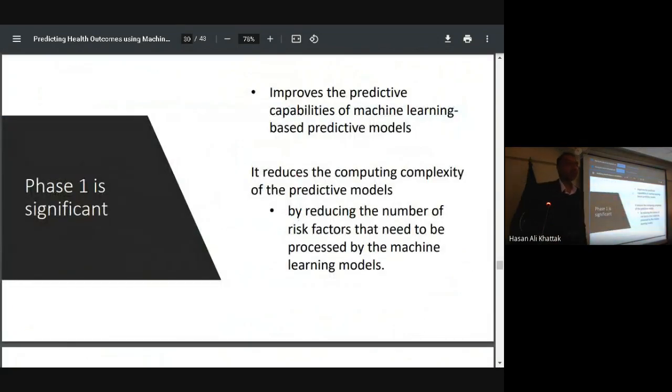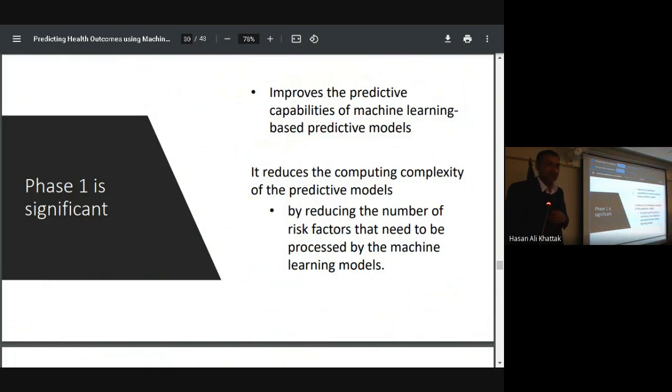This improves the predictive capability of the machine learning based predictive model, as it reduces the overall complexity of the model, and by reducing the number of risk factors that need to be processed by the machine learning models, they can work easily in a short time.